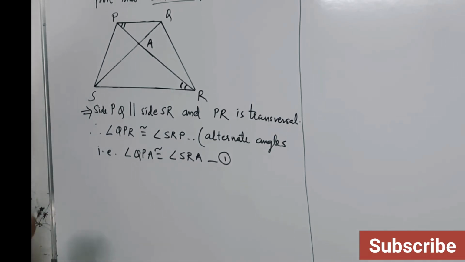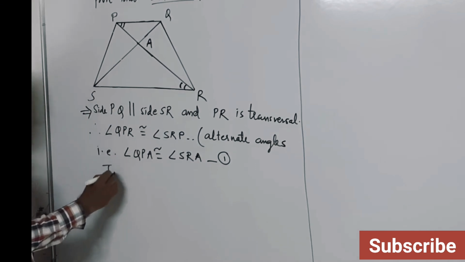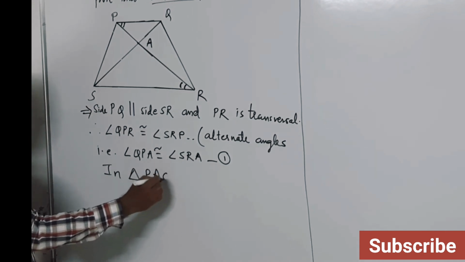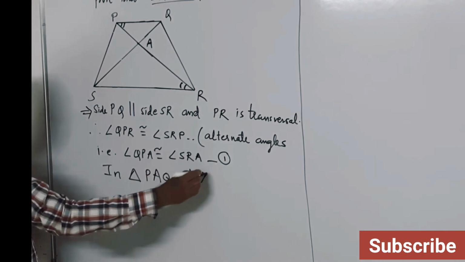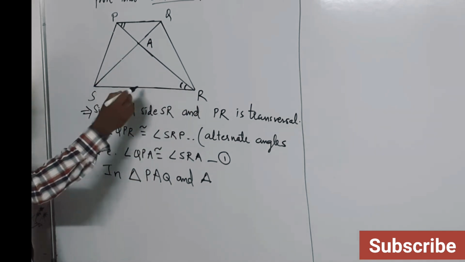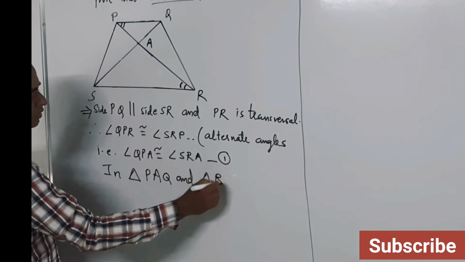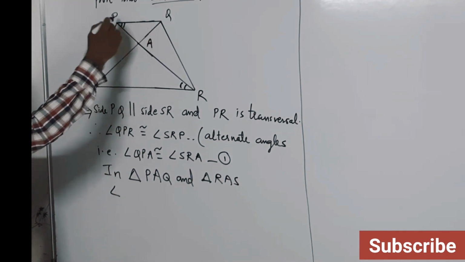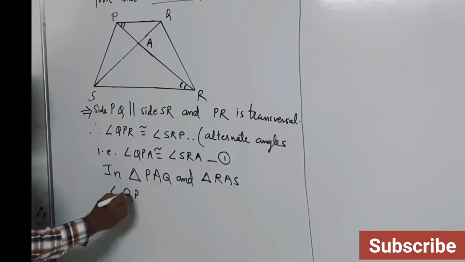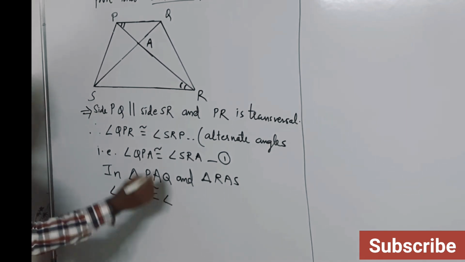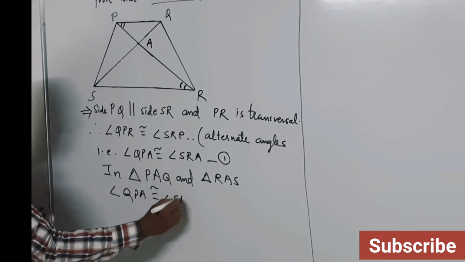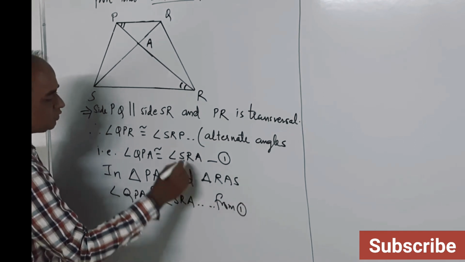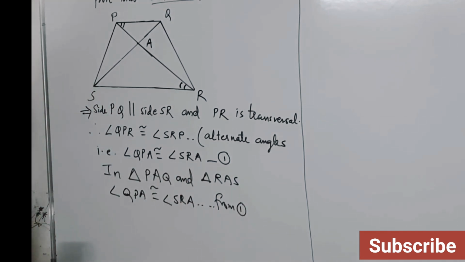Statement number 1. Now let us consider triangle PAQ and triangle RAS. Angle QPA is congruent to angle SRA, from statement number 1, which we have proved, alternate angles.